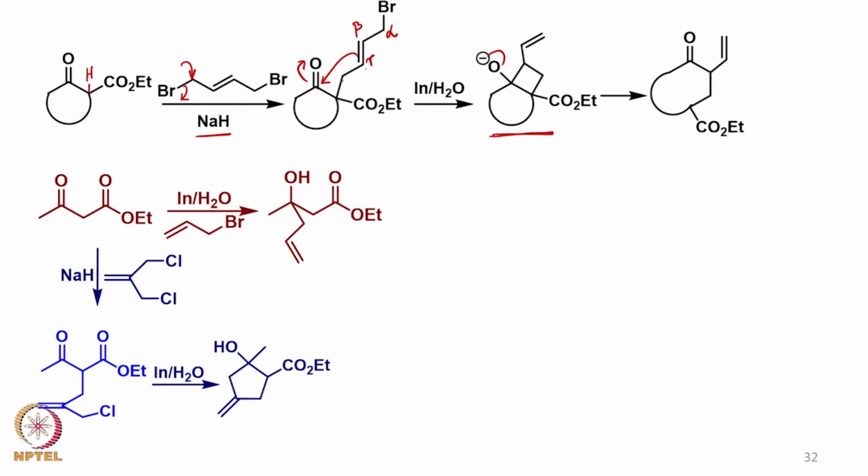The negative charge breaks up in this fashion, and this carbon bond breaks because the negative charge that is going to be formed here would be stabilized here. So, basically this is the carbonyl group, this is the next carbon atom, this is the next carbon atom, and then your negative charge is stabilized by the ester group, and that is where you get the proton off. So, this is the product that is going to form.